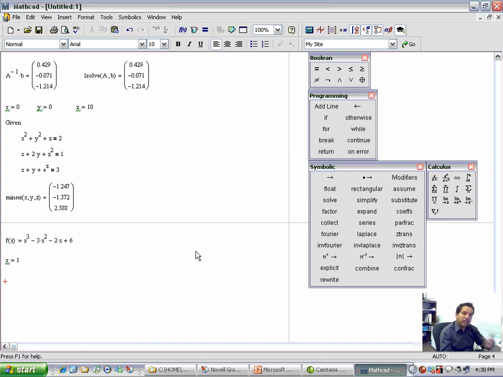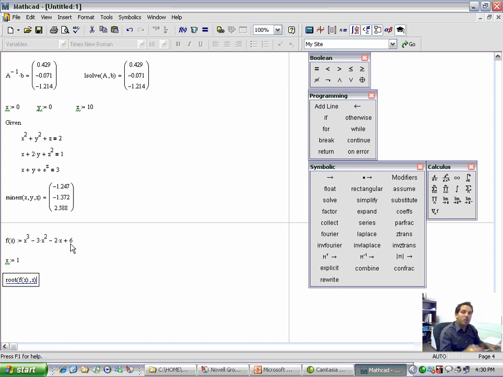Guess and update in order to get to a solution. And then the root of f of x in terms of x. What are the values of x that make, that's what a root is, the values of x that make this expression 0.